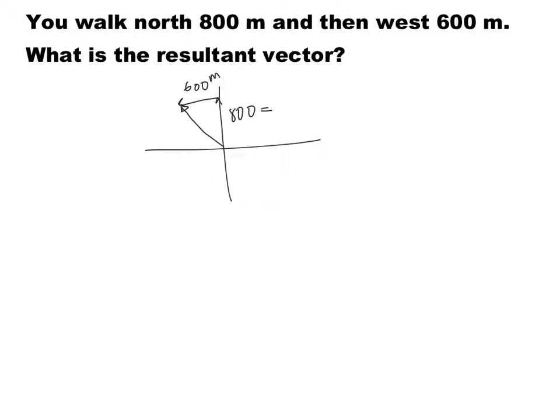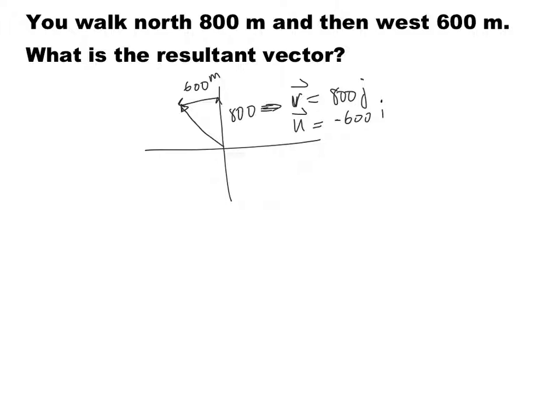This vector I can represent as vector v, and since it's going up along the y-axis, this will be 800j. And remember, it's going up, so it's in the direction of positive y. The other vector, let's say u, is going to be 600 meters, but it's going in the negative x direction, so it's going to be negative 600i.